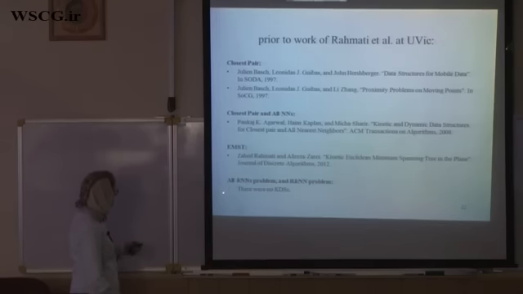And then for all the K nearest neighbors, there actually was no previous work on kinetic data structures, and also for reverse K nearest neighbors. There'd been some work on K nearest neighbors, but not all the K nearest neighbors. And there wasn't any work on reverse K nearest neighbors at all.